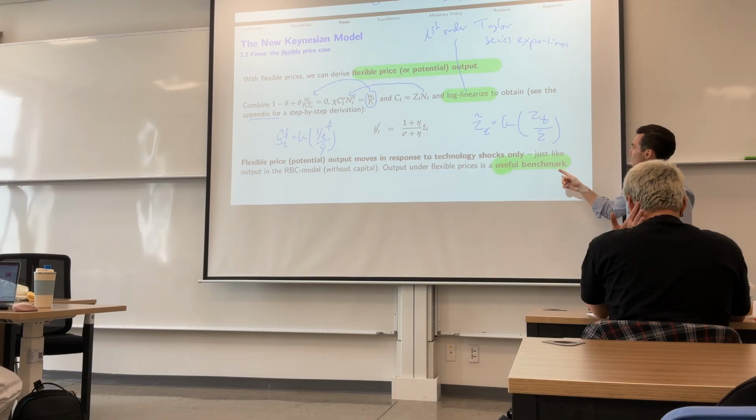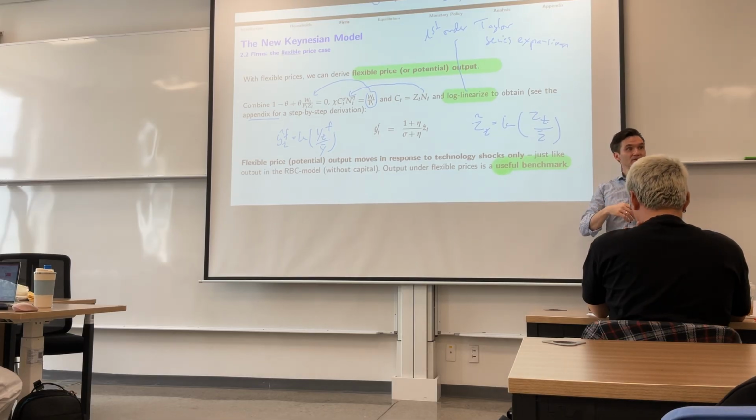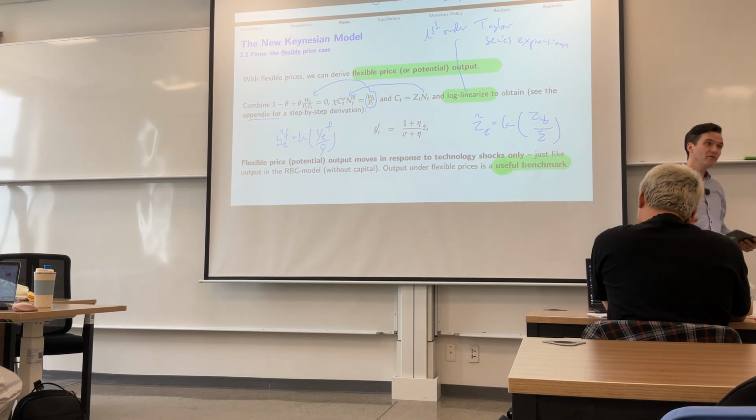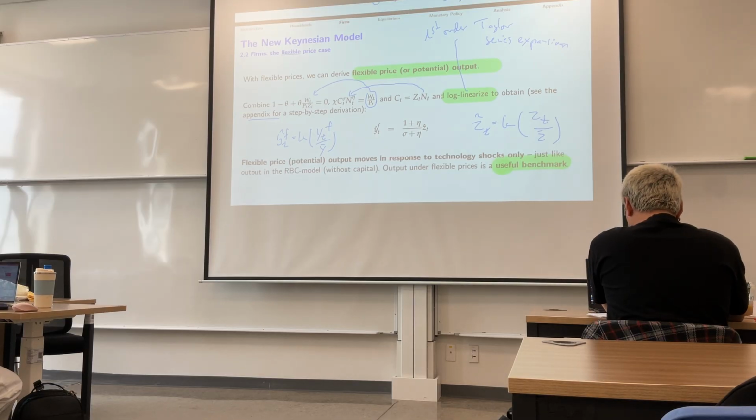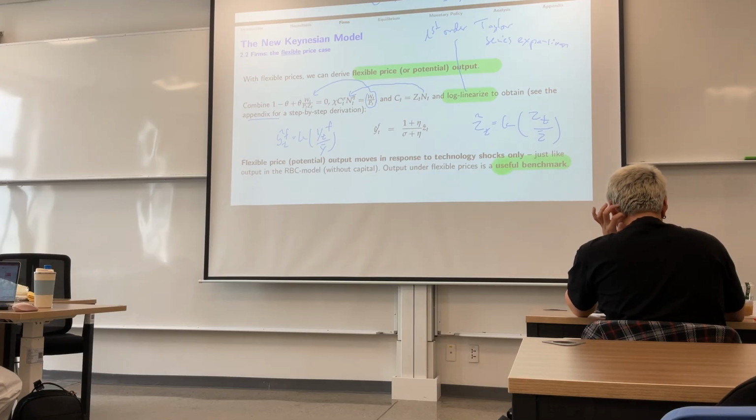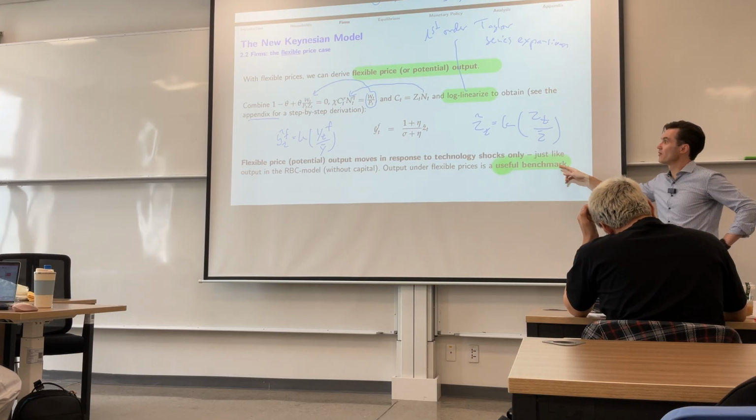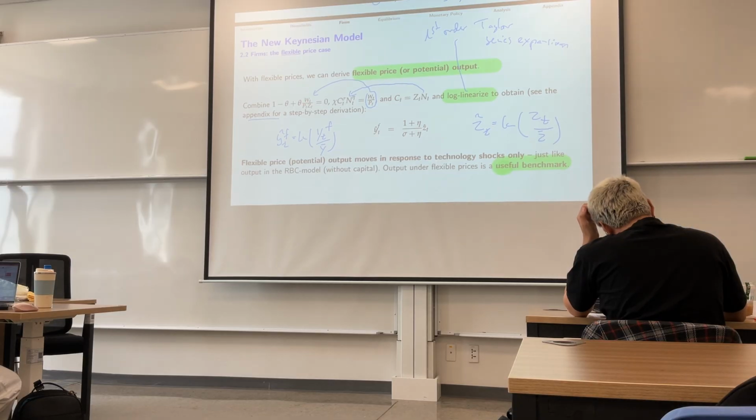You can show that consumer welfare or social welfare is maximal when prices are flexible. So with flexible prices, welfare is maximal. People in Vietnam would be happier living in a flexible price economy than in a sticky price economy. That's why this is a useful benchmark, a welfare maximizing level of output that you could attain.